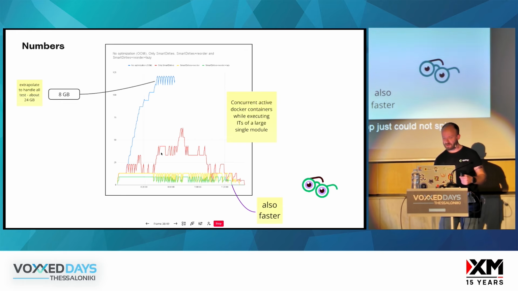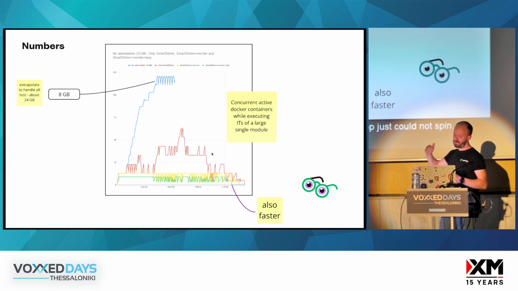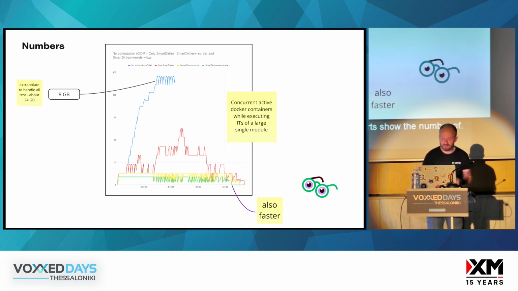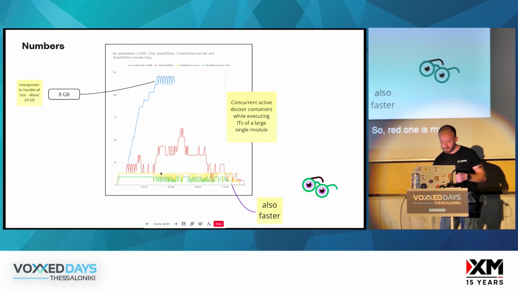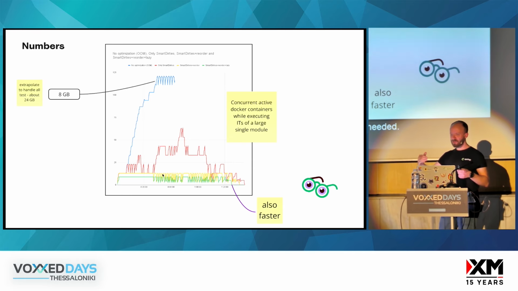The other charts show the number of Docker containers with different combinations of those optimizations. The red one is when we only eagerly close our contexts when we know they are not needed anymore. Yellow is the combination of smart reordering and smart closing.